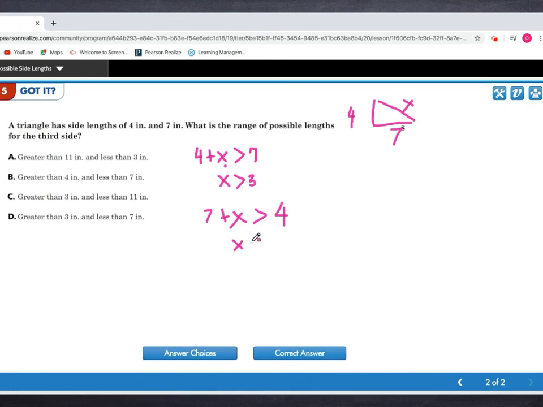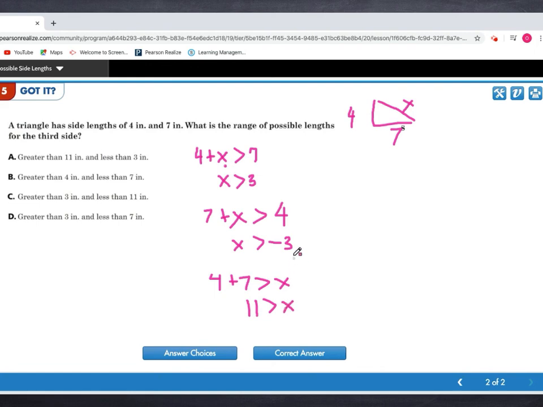So the value of x here must be greater than negative 3. Okay. The last one, these 2 sides compared to the third side: 4 plus 7 should be greater than x. So 4 and 7 is 11. It should be greater than x.